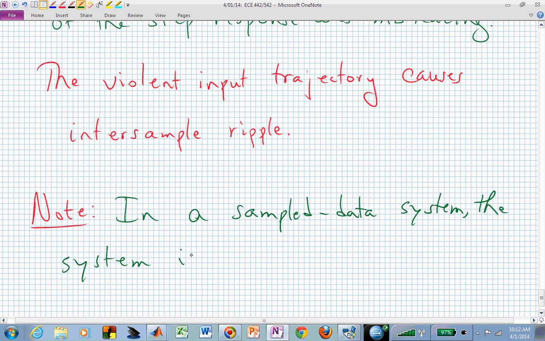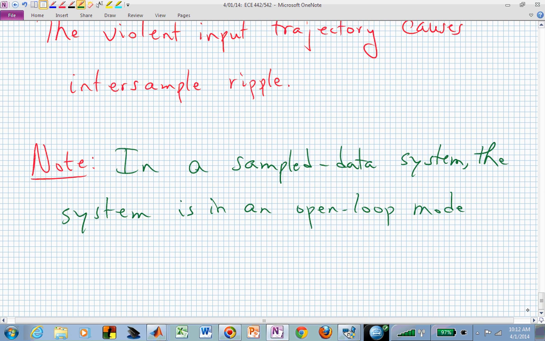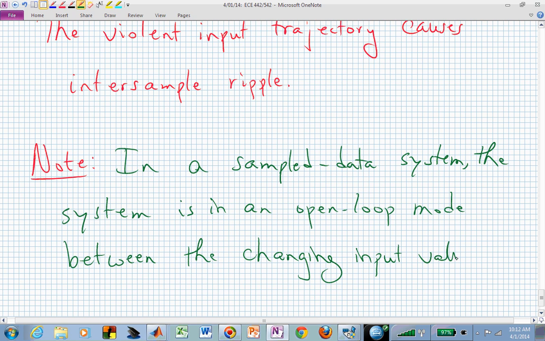The input is sort of fixed at each sample period, and because of that, in a sample data system, the system is in an open loop operating mode between the changing input values.